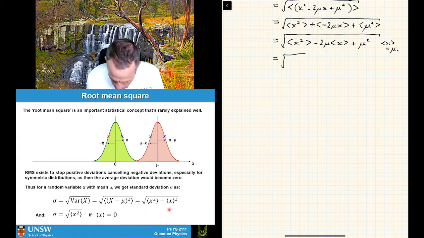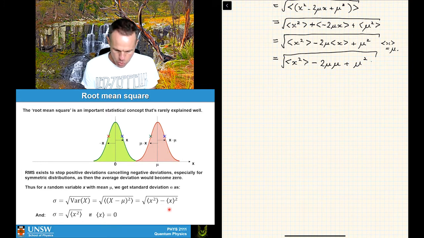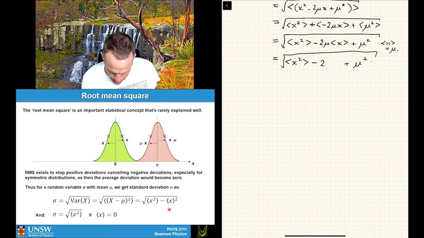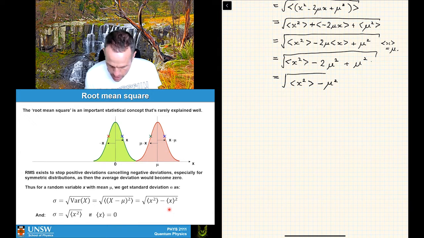So what we can do here is go average of x squared minus 2 mu plus mu squared. And of course, this mu in the middle here is really just mu squared. And so we can write this as the average of x squared minus mu squared as a result here.